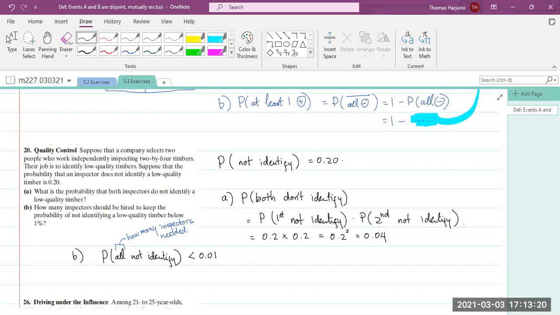Now, suppose for part B there are n inspectors.